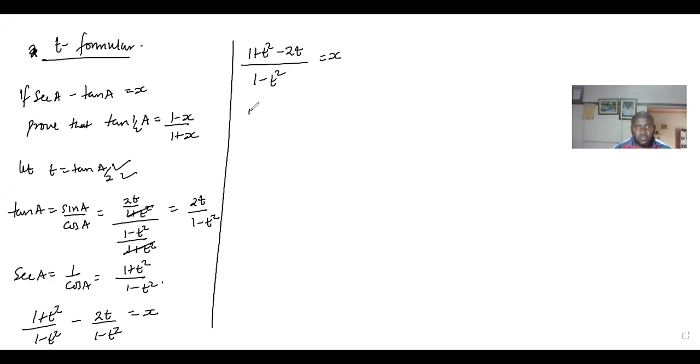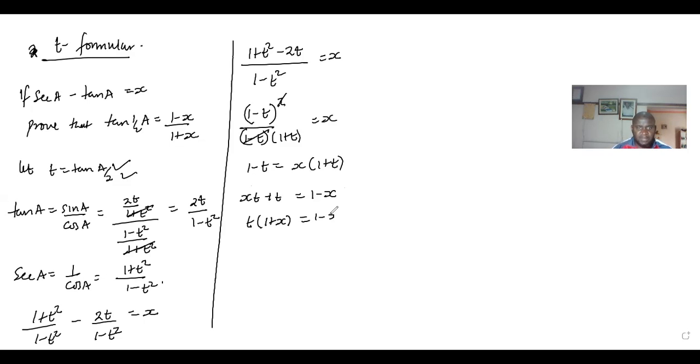The numerator becomes 1 minus t squared, a difference of 2 squares. I lose 1 minus t, and I'll have 1 minus t is equal to x into 1 plus t. Then I make t the subject, and I'll have xt plus t is equal to 1 minus x. t, open brackets, 1 plus x is equal to 1 minus x. Therefore, t is 1 minus x over 1 plus x.